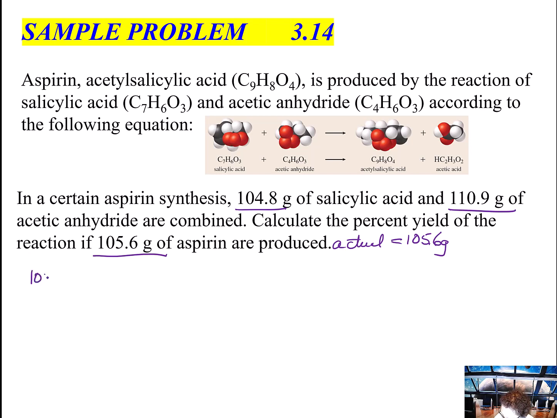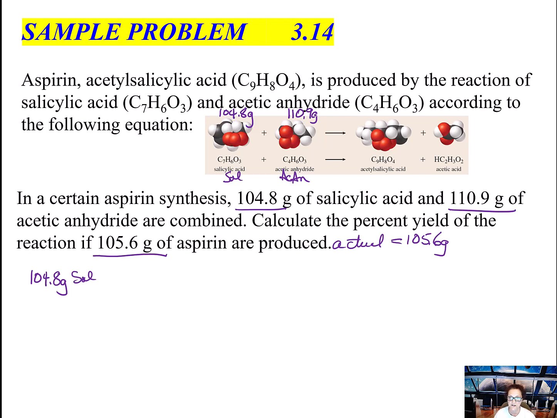So we've got 104.8 grams of the salicylic acid, which I'm calling sal, and this is the acetic anhydride. All right, and so I have 104.8 grams of the salicylic acid and 110.9 grams of the acetic anhydride, and it looks like the chemical equation is balanced, okay, and so everything is going to be on a 1-to-1 ratio, okay, so that's a good thing, right?